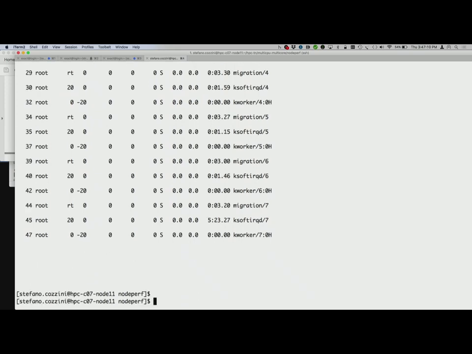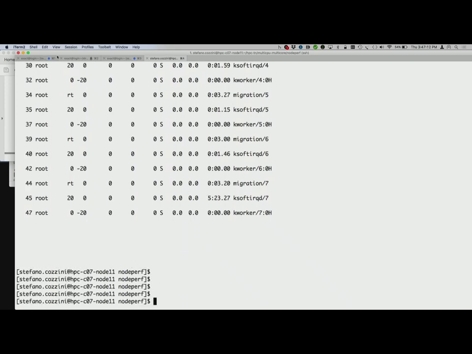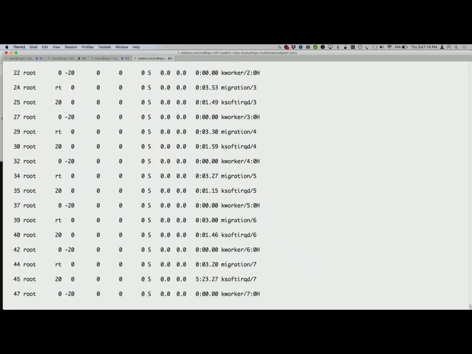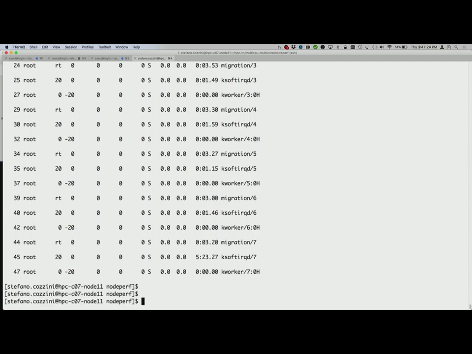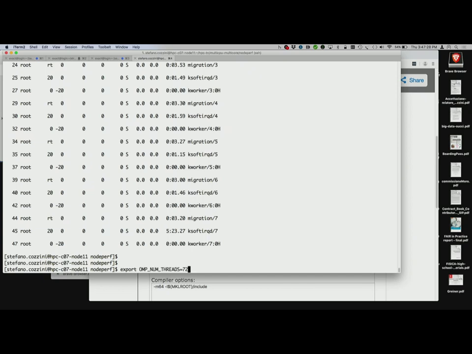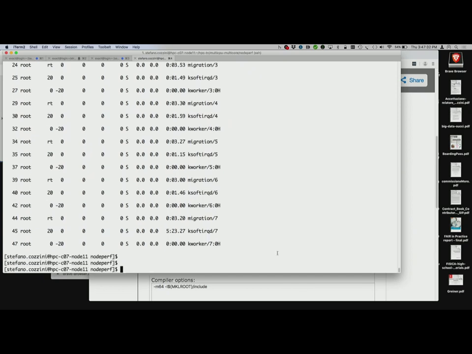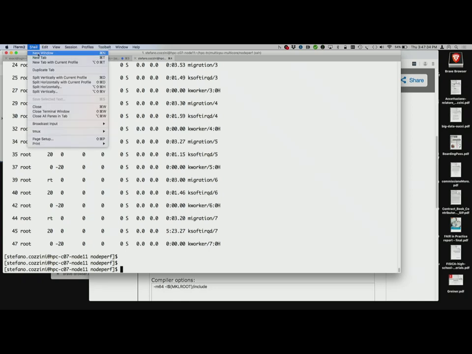Am I alone or not? My terminal is not working correctly when I increase the font. Let me open another shell.